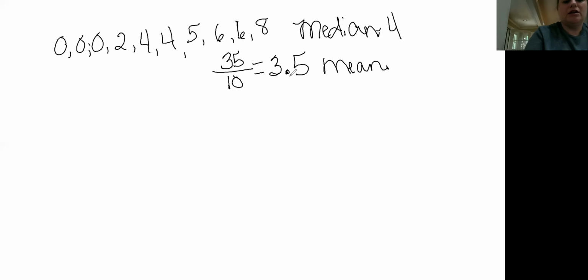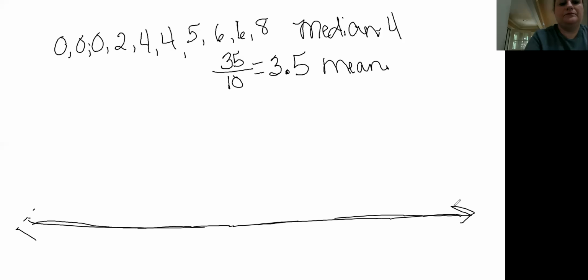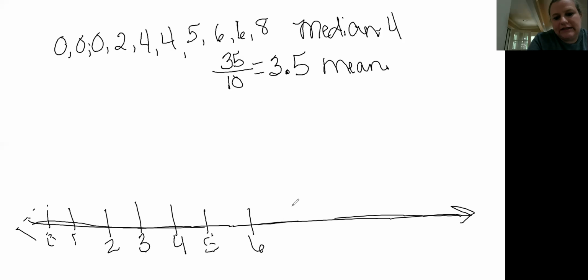Okay, now let's find the mean absolute deviation. Okay, 0, 1, 2, 3, 4, 5, 6, 7, 8.